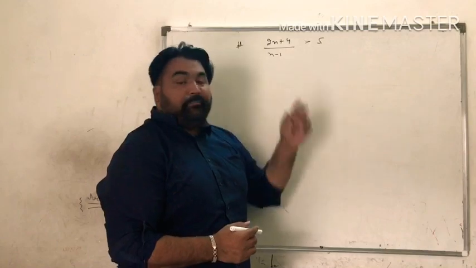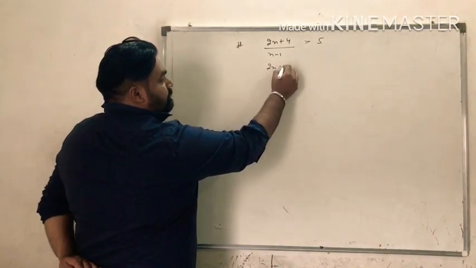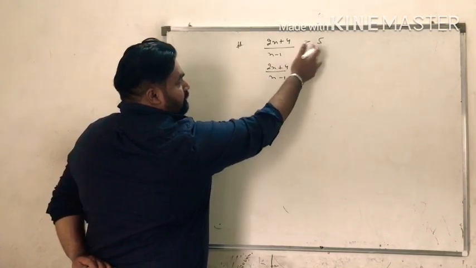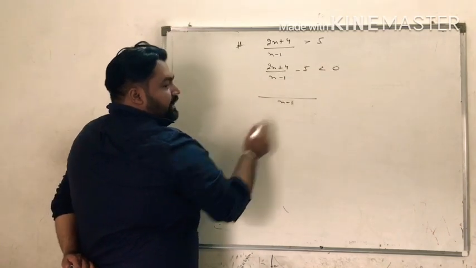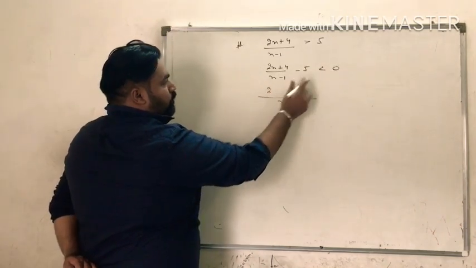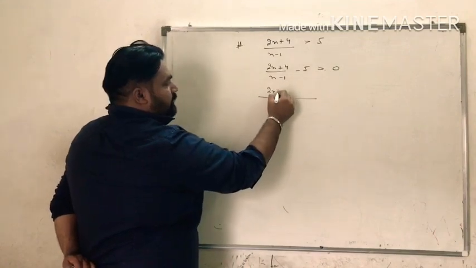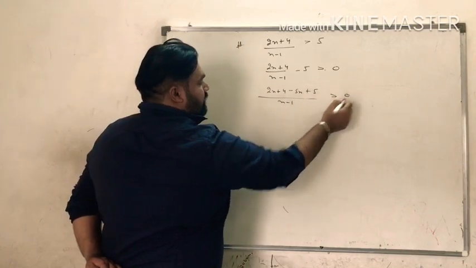So this is another example of a upon b form. In this question, 2x plus 4 upon x minus 1. Shift 5 from this side to this side. This becomes greater than 0. Take LCM, x minus 1. 2x plus 4 minus 5x plus 5 greater than 0.